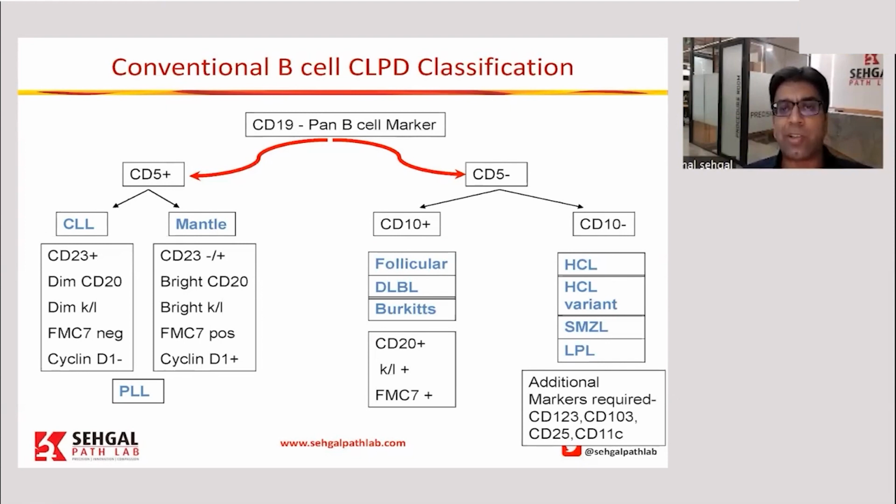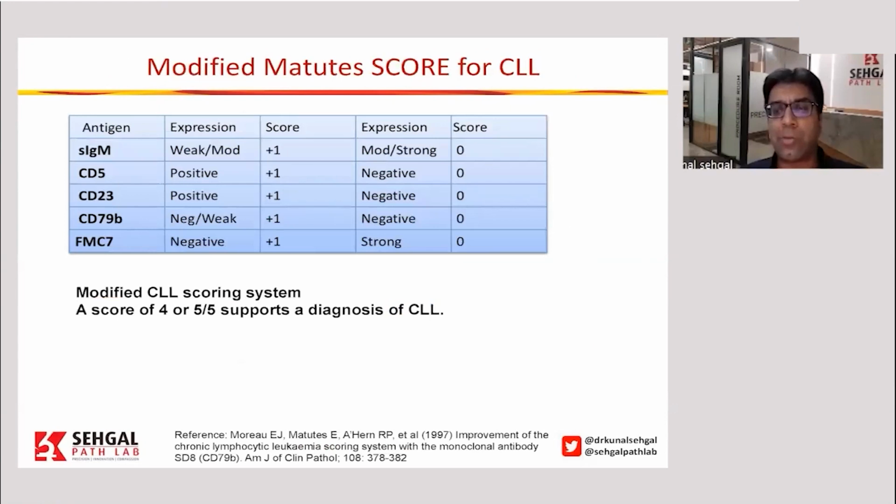If CD5 is negative and CD10 is positive, typically we have the follicular center cell origin lymphomas, which are follicular lymphoma, DLBCL or Burkitt's. If CD10 is negative and CD5 is negative, this becomes the CD5 negative, CD10 negative basket, which contains hairy cell leukemia, hairy cell leukemia variant, marginal zone lymphomas, and lymphoplasmacytic lymphomas.